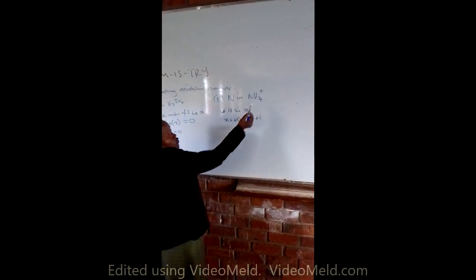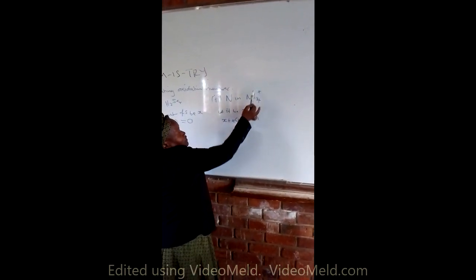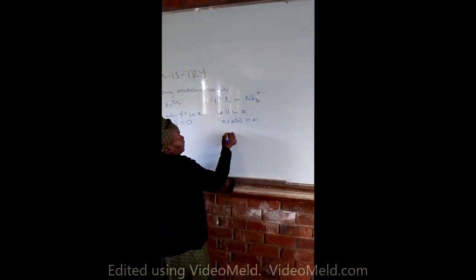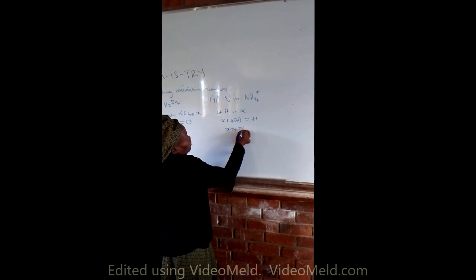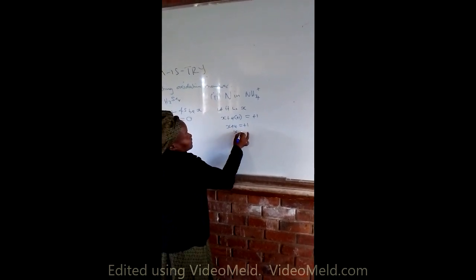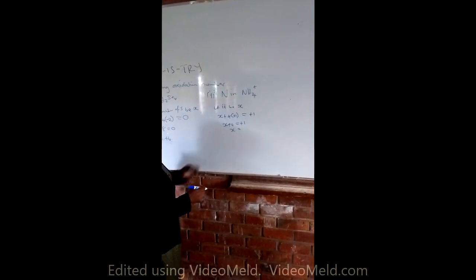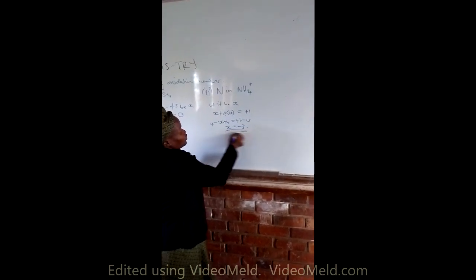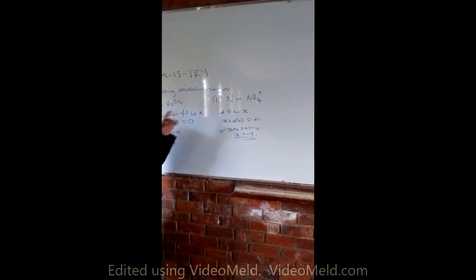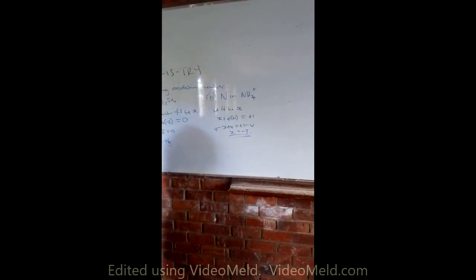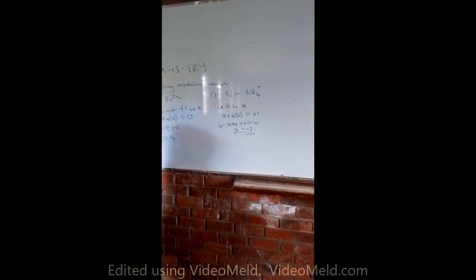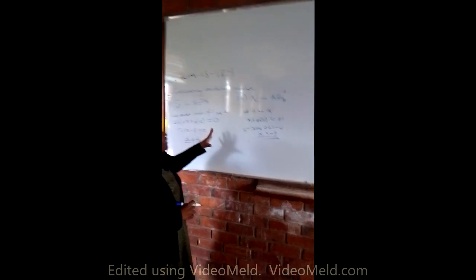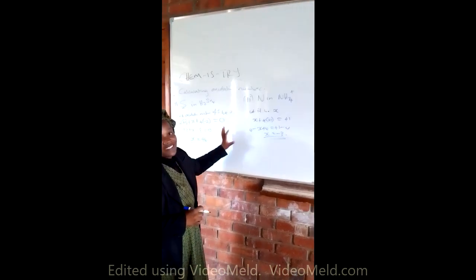If there is no coefficient up there, it simply means it's a single positive charge. So X plus 4 equals +1. Let's make X the subject of the formula. I subtract 4, so it becomes -3. So the oxidation state of nitrogen in the ammonium ion is -3. Basically, that's how we calculate the different oxidation states.